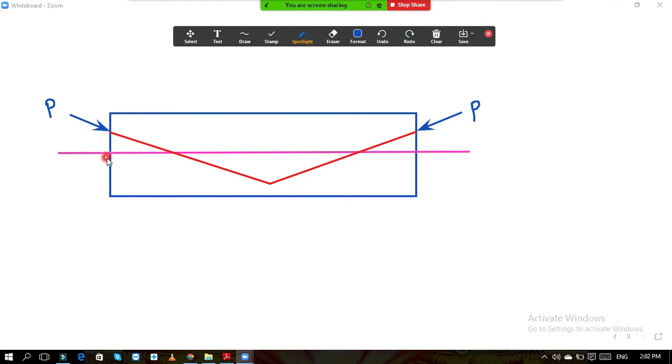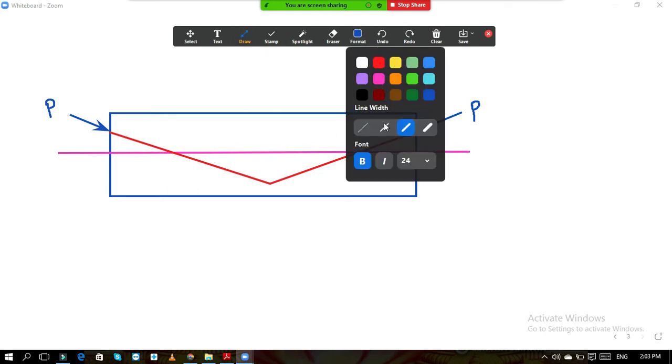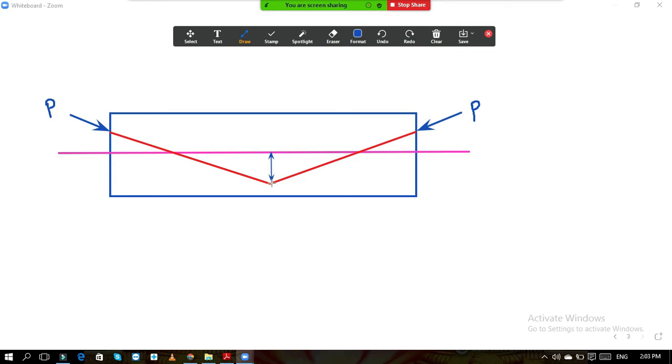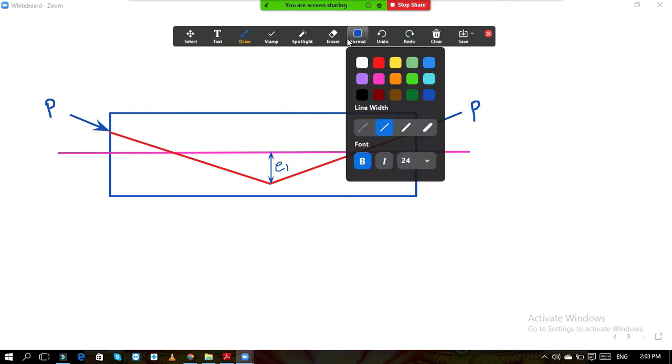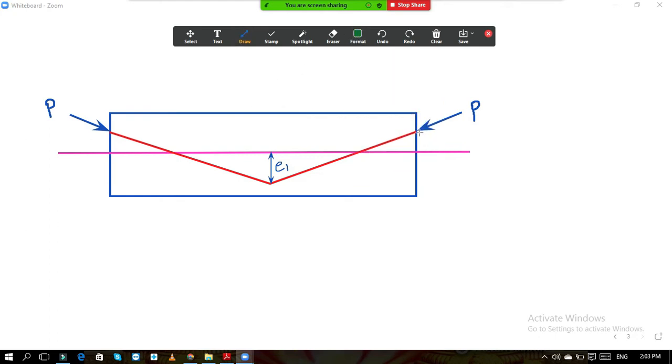This side also. But now if you see this, here is one eccentricity. Let us call this eccentricity E1. And another eccentricity here, this eccentricity, it is E2.